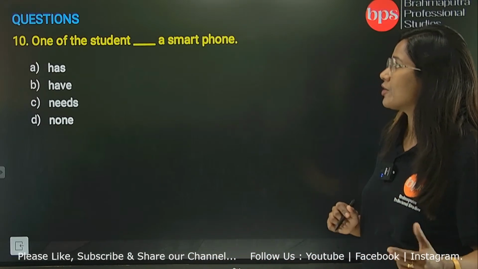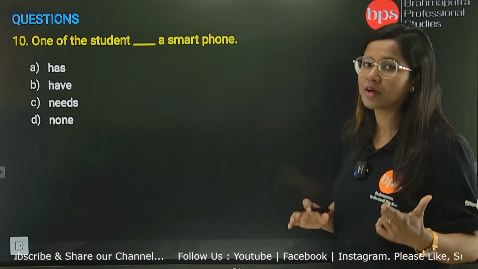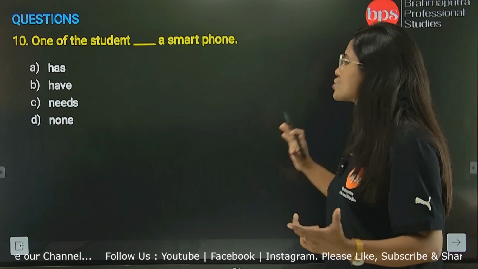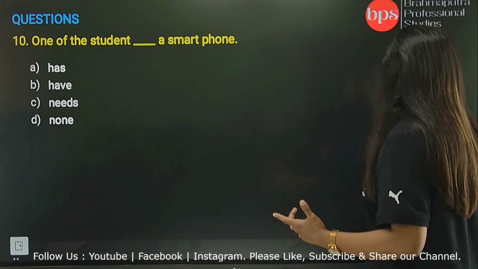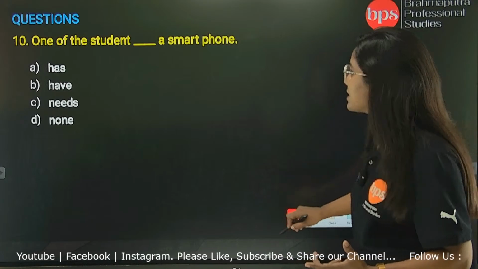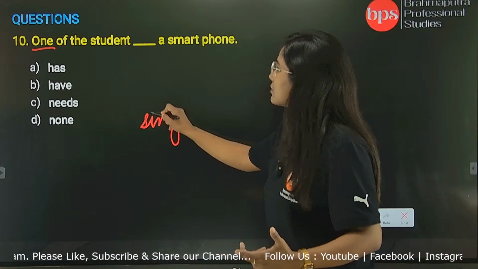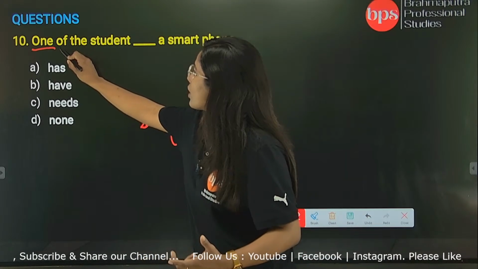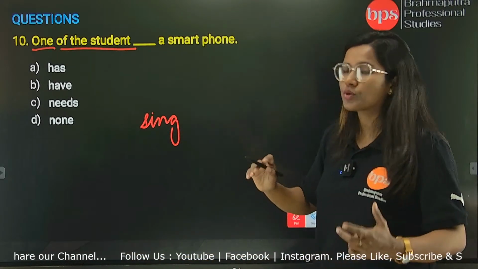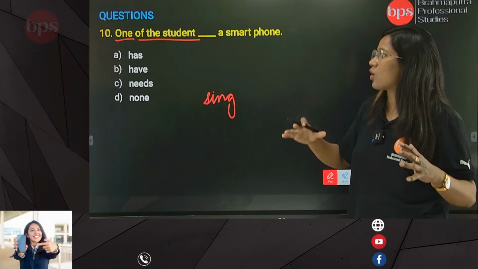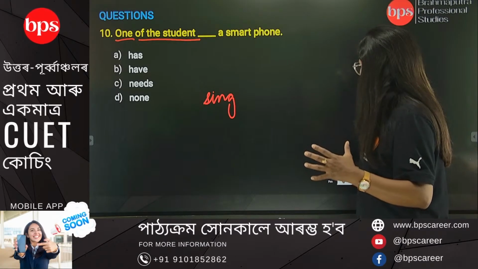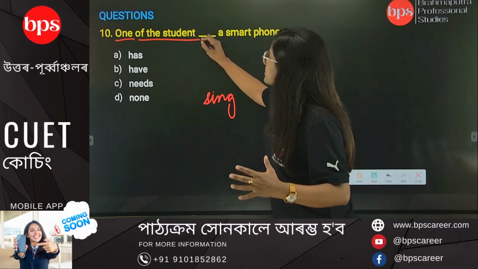Question number 10. One of the student dash a smartphone. Again, one of the student. The concept or the idea is one. One means singular. But here don't think of the student as the entire community. It should have been one of the students.